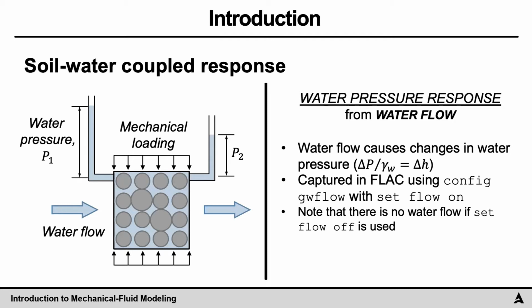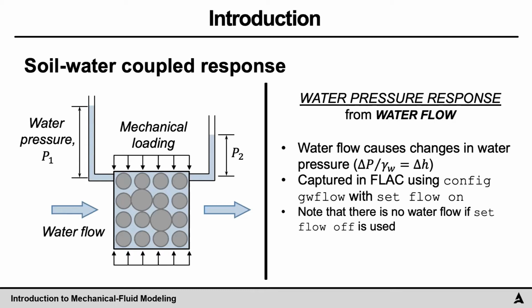The way that we can calculate that in FLAC is, first we need to configure the analysis for groundwater flow, which is highlighted with the script here. And then also we're going to click set flow on.